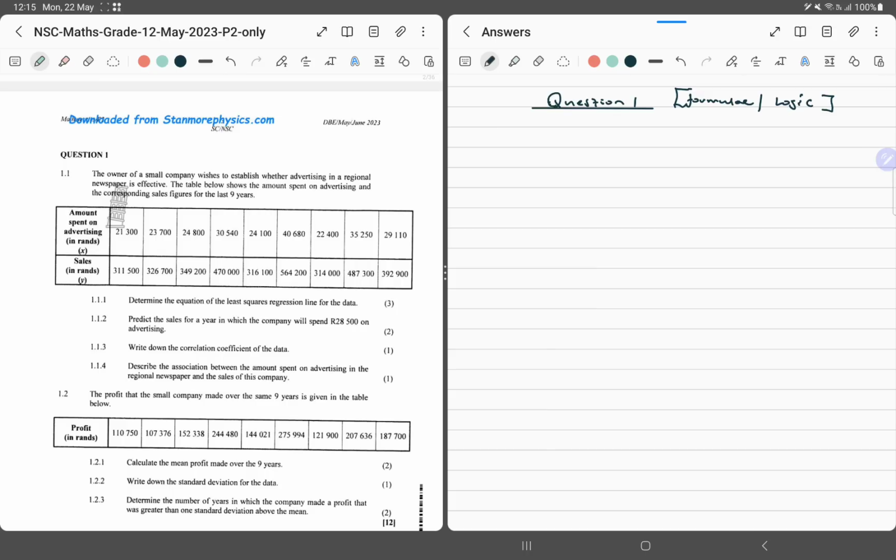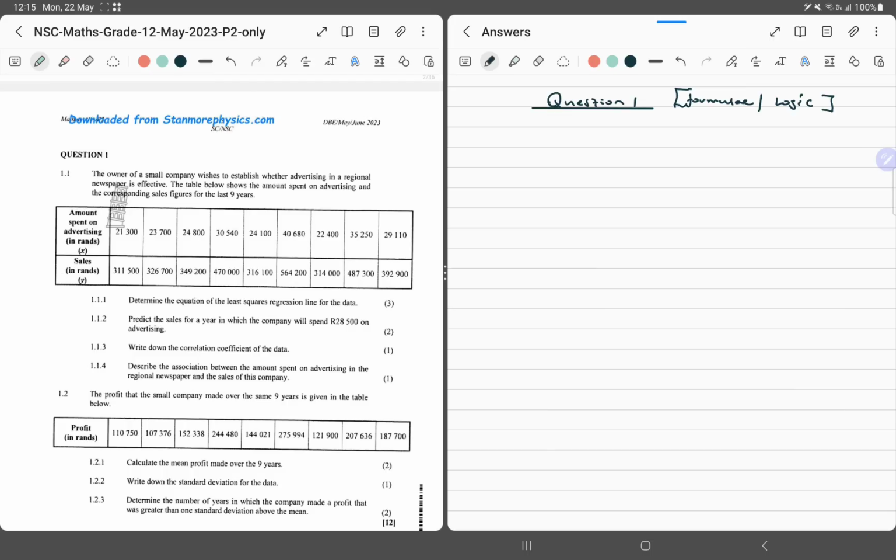Now the amount spent on advertising in rands is listed over there, but if we inspect these, they're just put randomly, so sometimes it makes it a bit difficult to figure out, but let's just move on. That's just what it is. And then the sales in rands are as listed there.